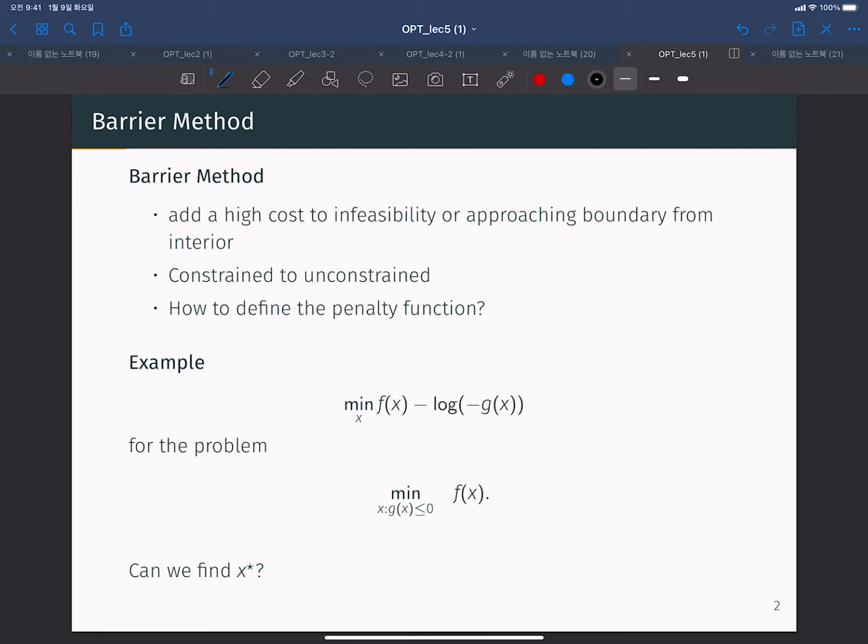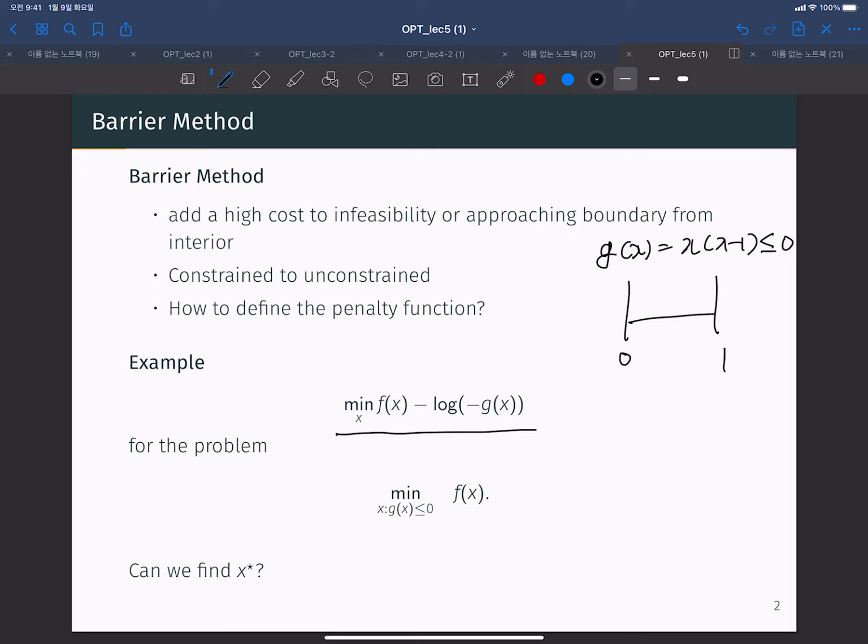So some people introduce a barrier function like this. What does the barrier function mean? For instance, if your constraint is g(x) equal to x times (x minus 1) less than or equal to 0, then the constraint set is the interval between 0 and 1.